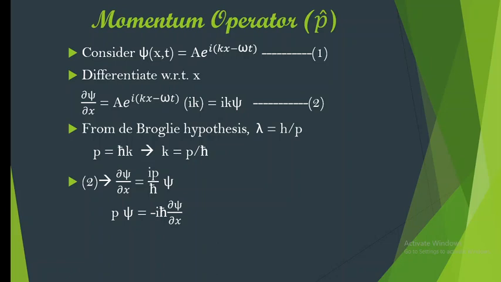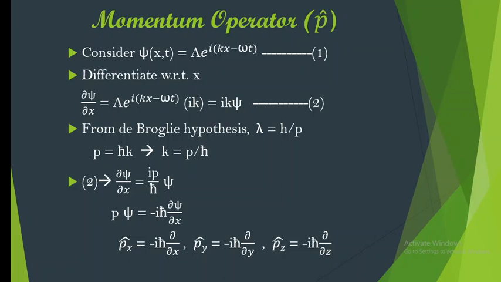That's why p xi will be equal to minus i h cross dou xi by dou x. If we remove the xi term, because it is on both sides, we can just write the operator p is equal to minus i h cross into dou by dou x.